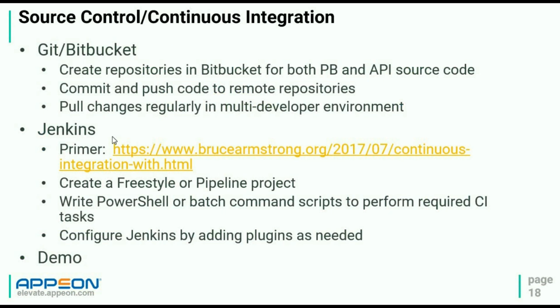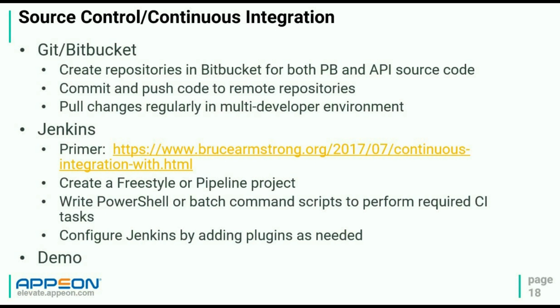The next thing I wanted to touch on was source control and continuous integration. We're using Git with Atlassian Bitbucket, so you'll most likely need the client to create repositories in Bitbucket for both PowerBuilder and the API source code.